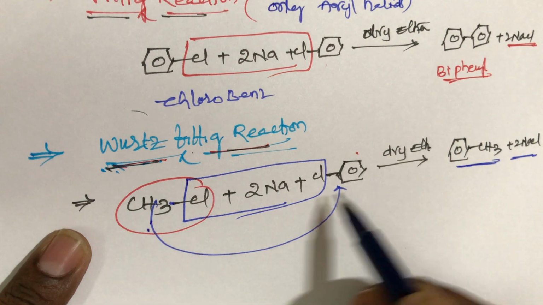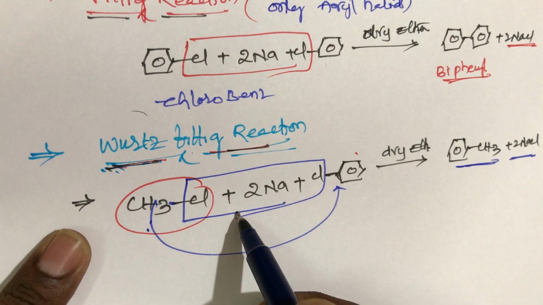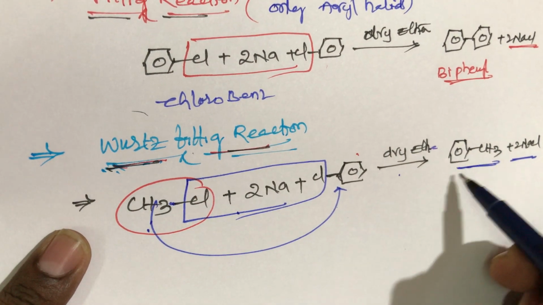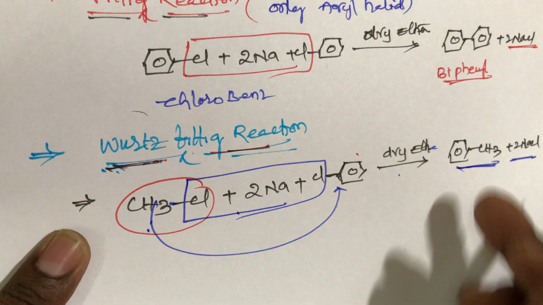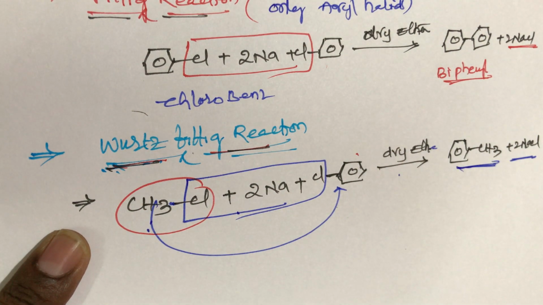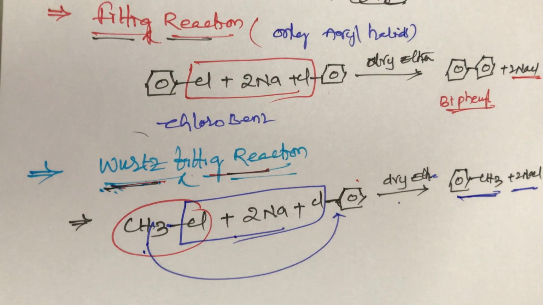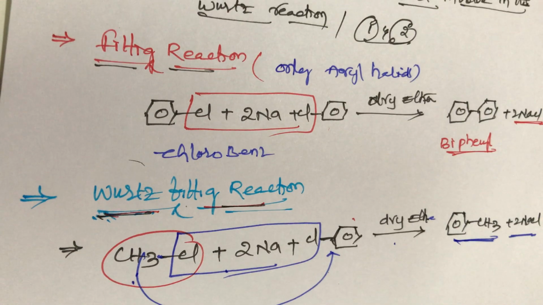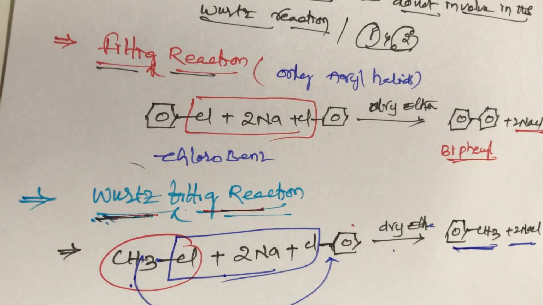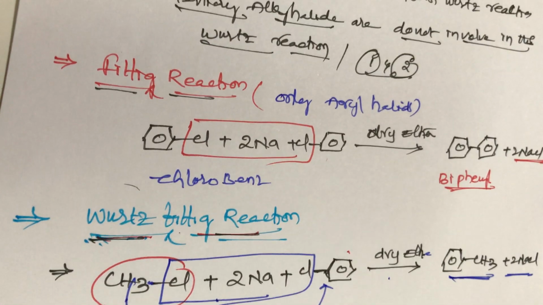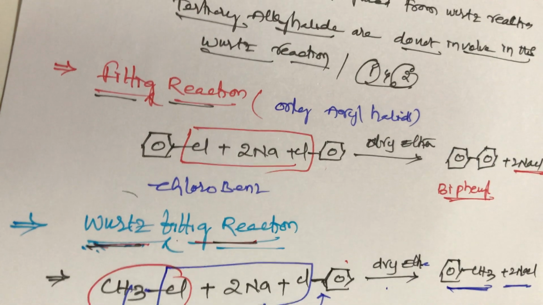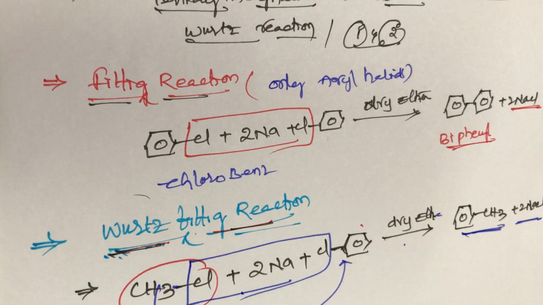When alkyl halide and aryl halide react with sodium metal in the presence of dry ether, methyl benzene is formed. These three reactions belong to free radical substitution reactions, students. A free radical mechanism is involved.